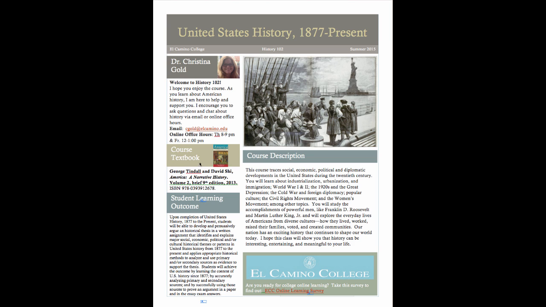It is available through the El Camino College bookstore. If you have time, you can order it online or you can go there in person to pick it up. Of course, I know a lot of you have ways to find textbooks that are much more cost effective, so you can certainly do that as well. And you can use the ISBN number to make sure you have the proper edition of the textbook.